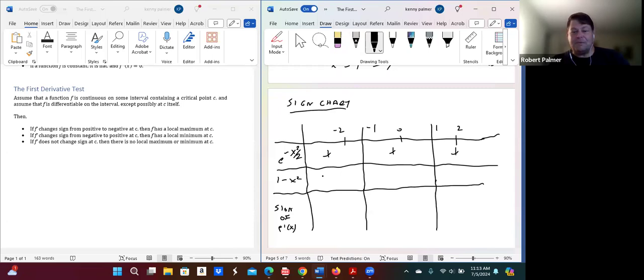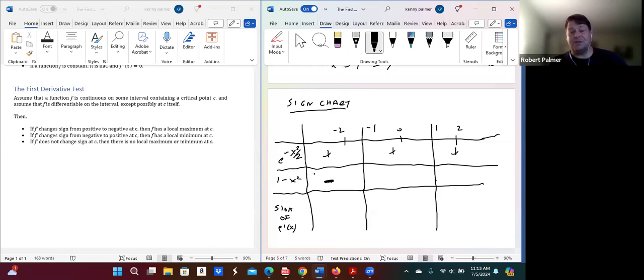Now here I have to think a little bit about this. If we plug in negative 2 or positive 2, either way, what happens? Plugging that in for x, of course, if you square a negative, you get a positive. So that's going to be basically positive 4. 1 minus 4 is going to be negative. Once again, all we care about is the sign, so that's just going to be a negative.